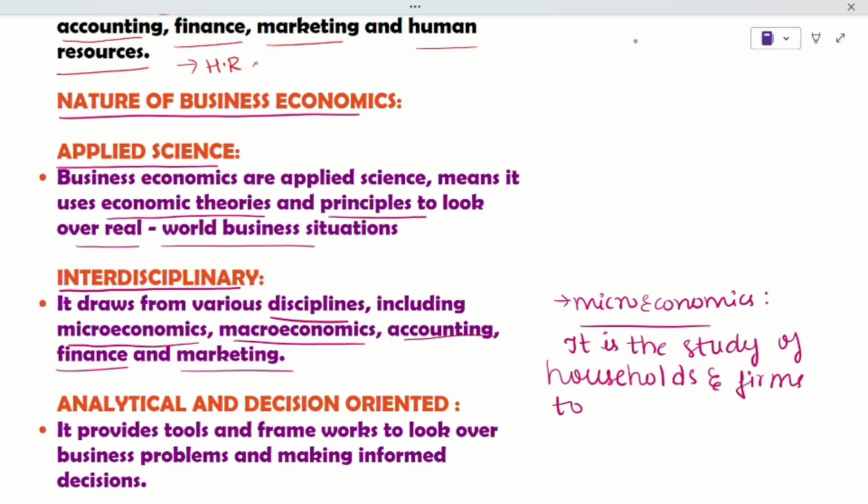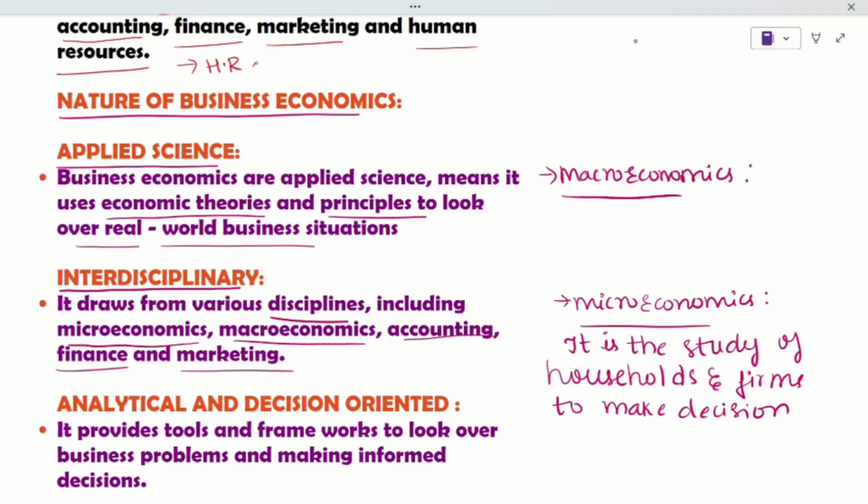Supply and demand and consumer behavior are also analyzed here, and market structure also examines different types of market structures, like monopoly and oligopoly.